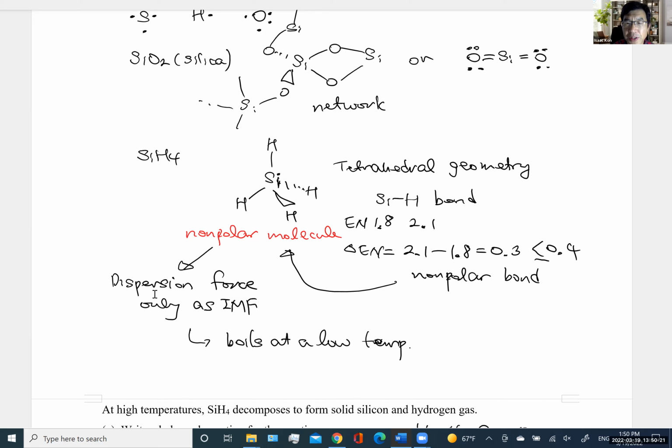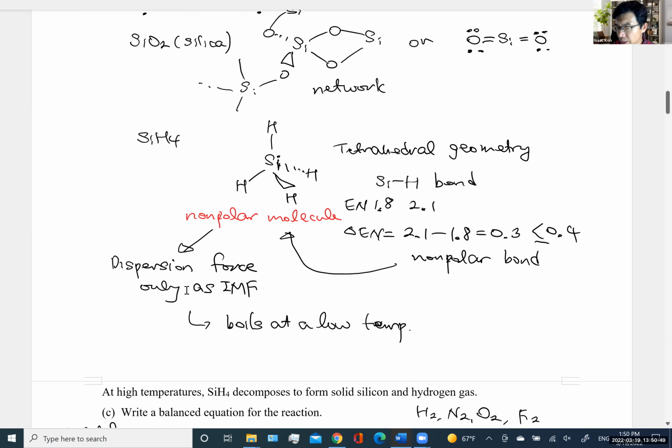Dispersion force is a relatively weak intermolecular force. Because this forms a molecule, and the dispersion force is the only intermolecular force, it is boiling at a low temperature. So as we heat it up, the temperature of 161 Kelvin is good enough to overcome the intermolecular force of the liquid and make it vaporize.